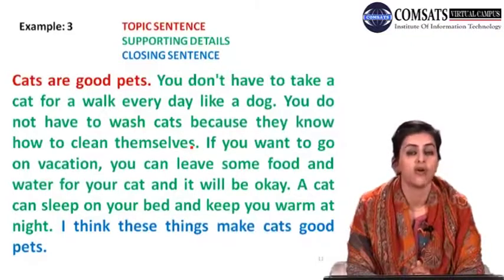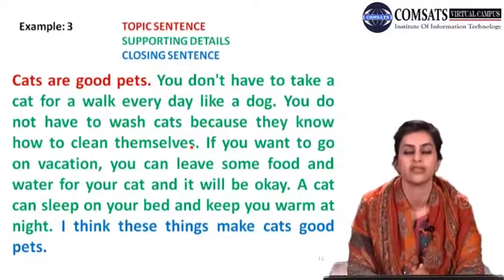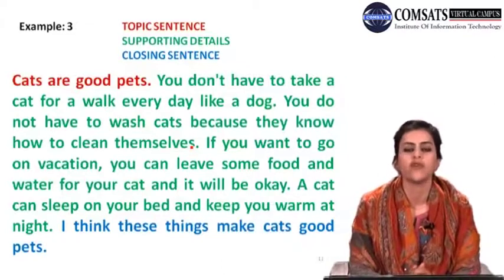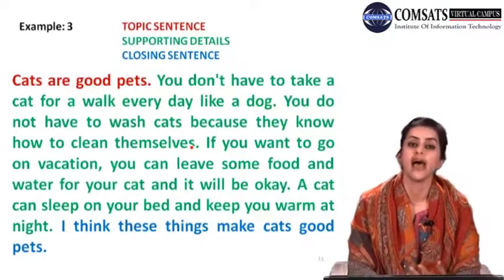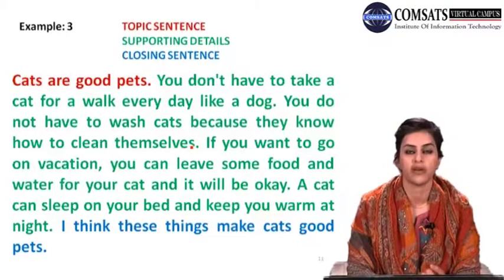So this is how the writer thinks that cats are good pets. He has closed his paragraph by saying that cats are good pets. So there were a few examples of how to write a paragraph with your topic sentence, supporting details, and your closing sentence. I hope now you know how to write a paragraph.